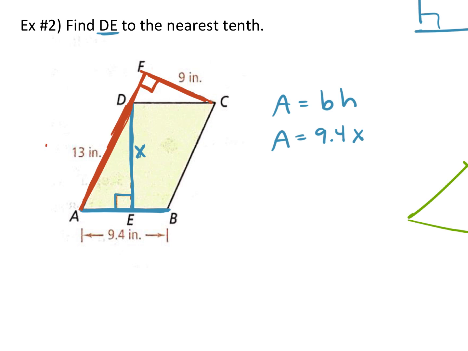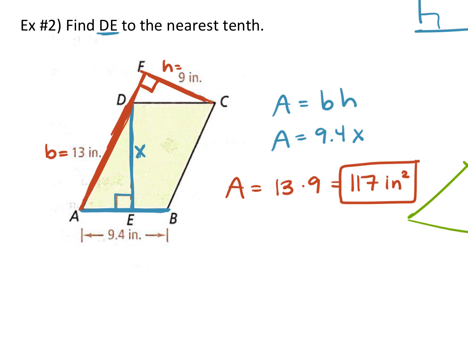If this is my base, then 9 is my height, which means we can actually find the area of this parallelogram, right? The area is going to be 13 times 9, base times height. 13 times 9 is 117. And it's an area, so it's 117 square inches.